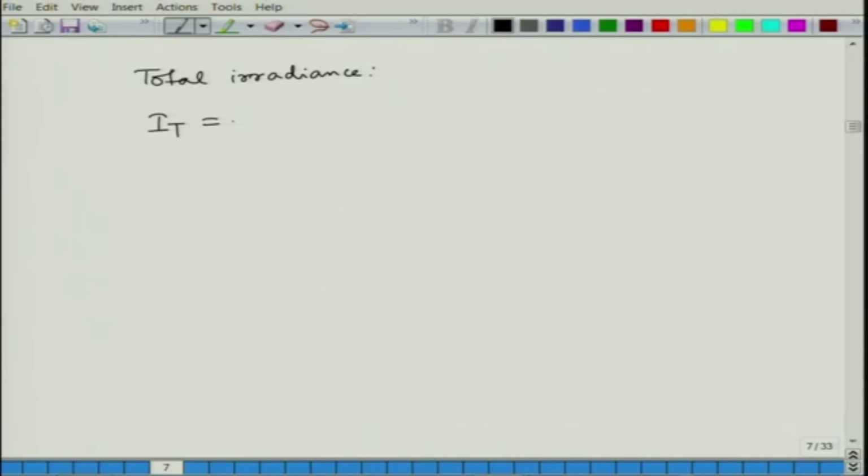So, this is I_T, which will be I_T subscript b, plus I_T subscript d and subscript iso, plus I_T subscript d and CS, which stands for circumsolar, plus I_T subscript d and HZ, which is the horizon brightening part, plus the reflected part.